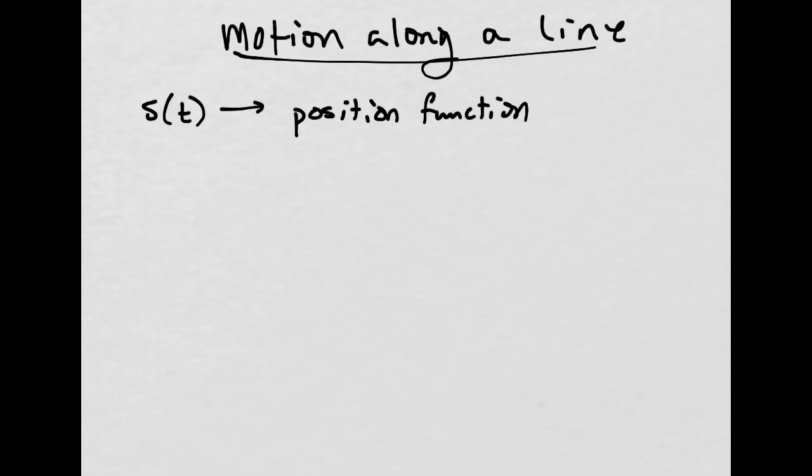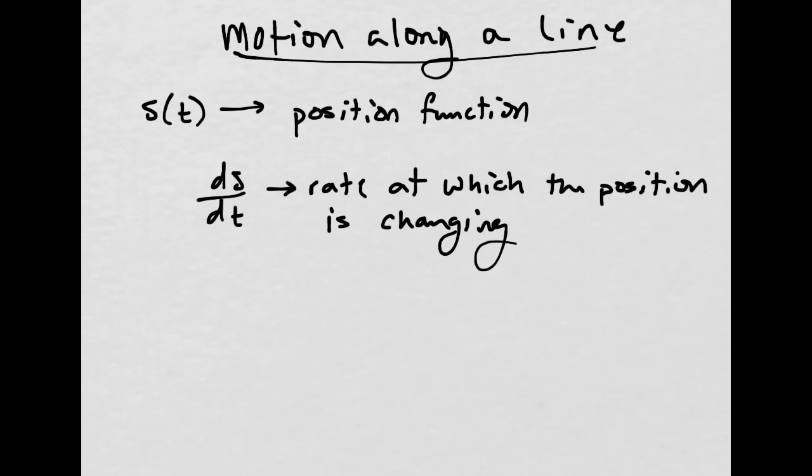If we take the derivative of s of t, that would be a rate. We can think of derivatives as rates. We already thought about that. So ds/dt is the rate at which the position is changing. How fast is the position changing? Another word for that is velocity.